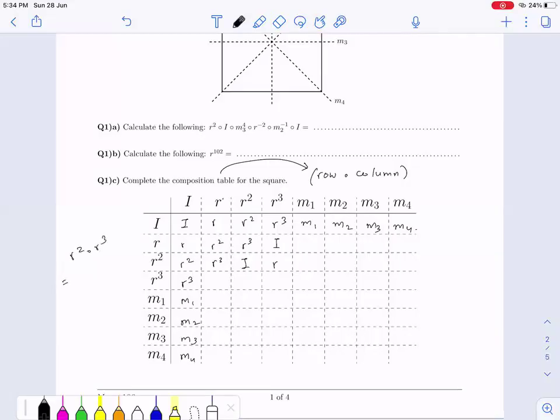So this is 2/4 turns composed with 3/4 turns, which is 5/4 turns, which is 1 full turn plus 1/4 turn, which is 1/4 turn again. So there are many ways to think of it. The easiest is to see that R4 is identity. So you try to pull that out.